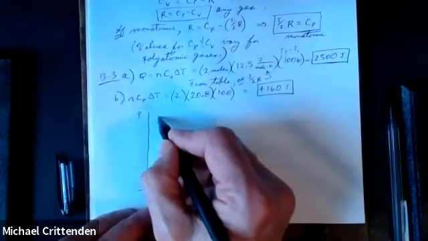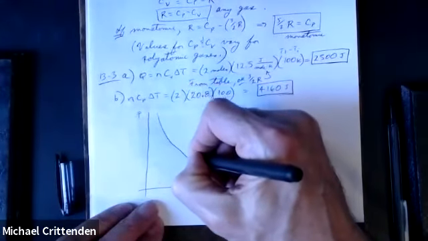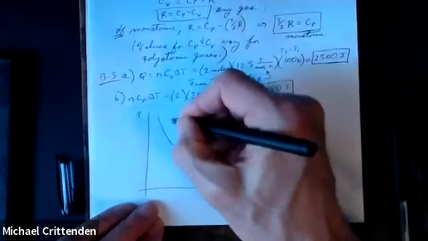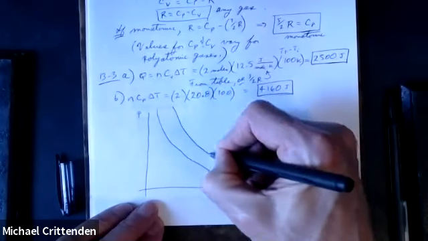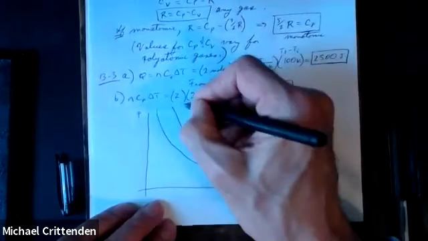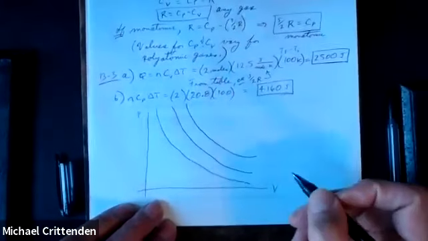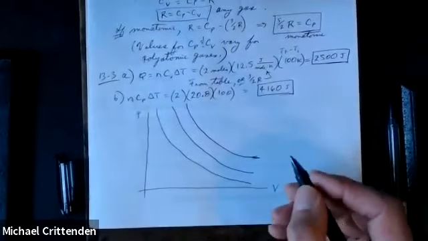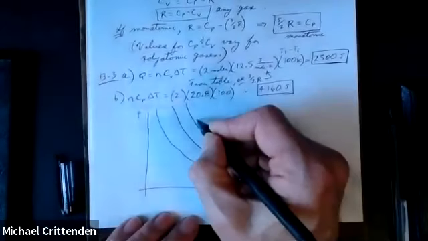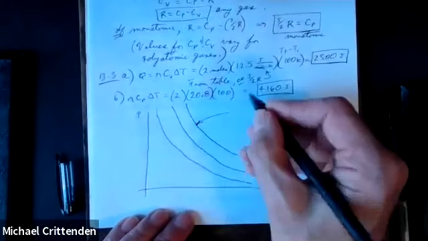I'm going to draw some curves of constant temperature across this graph, something like, I'm probably not doing this very accurately. Yeah, that part there is especially bad. These are called isotherms.